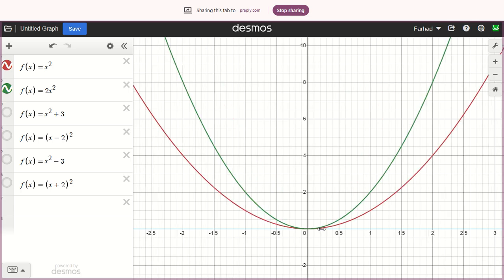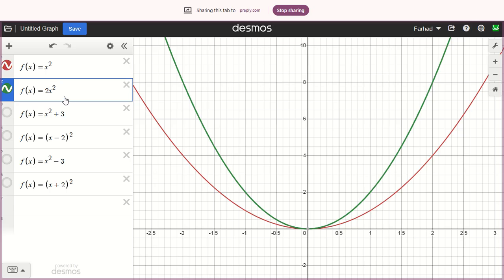What is the basic difference here? The green one just squeezes. The main function just spreads. Okay, but the green one squeezes. So it means if we add some coefficient with the main function, that is f of x equals x square, if we add 2, that means here the function squeezes 2 times.